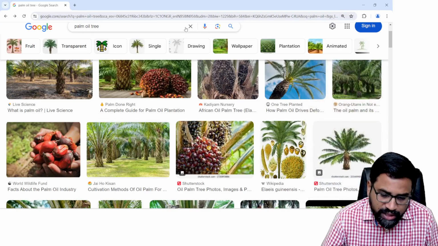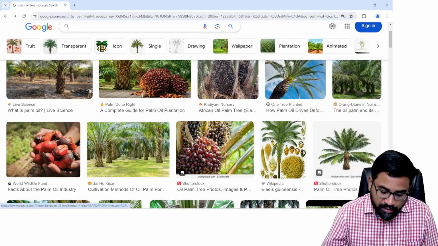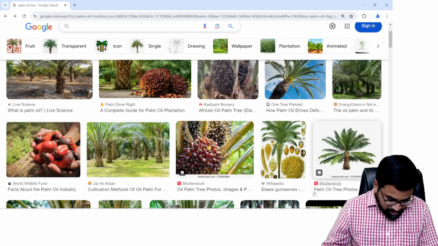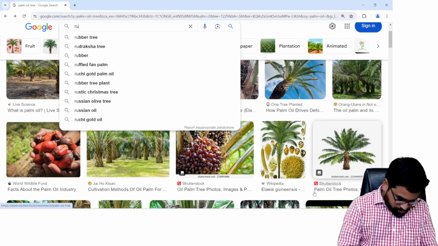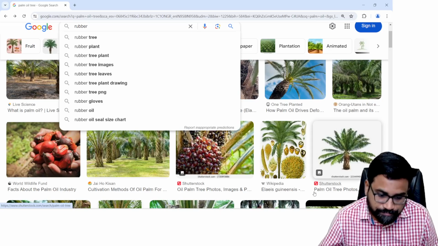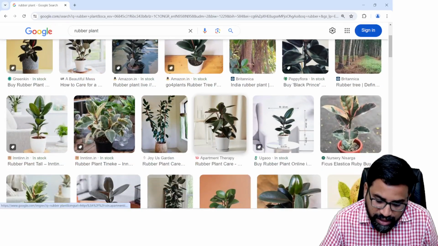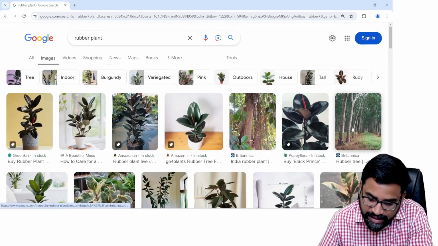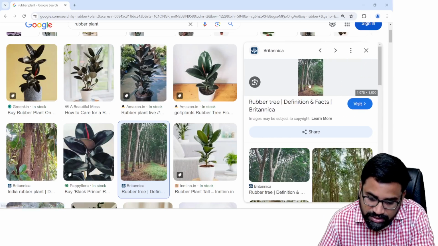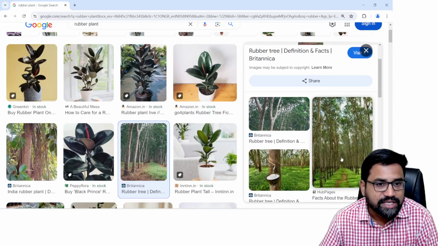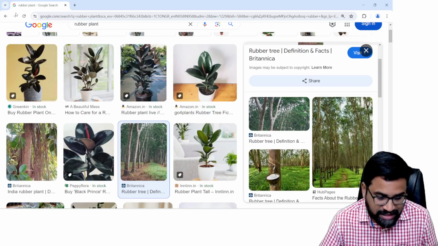And also we can say, sir, what is that? Rubber plant. Whatever rubber we use comes from the rubber tree. So that can also be considered a bearer plant.